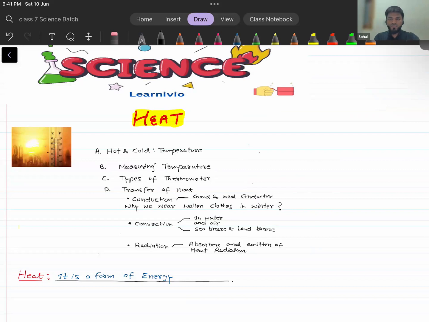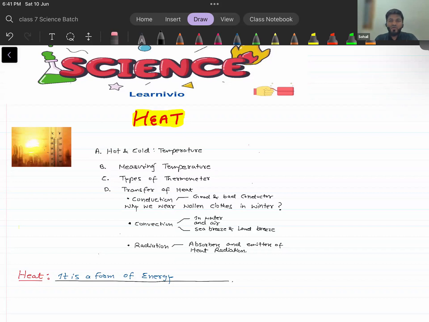All right. So far in our discussion, we were talking about heat. The hotness and coldness of a body is called the temperature of a body. To measure temperature, we have different types of thermometers. The one used for measuring human body temperature is called a clinical thermometer.